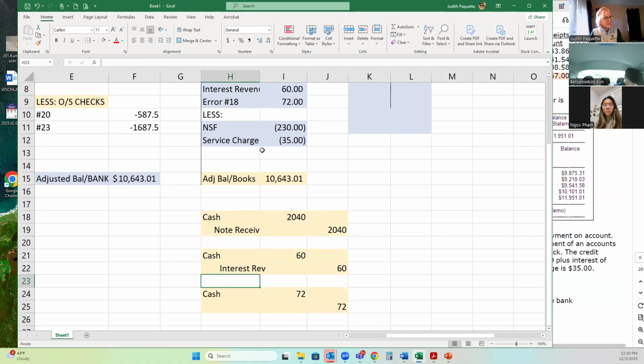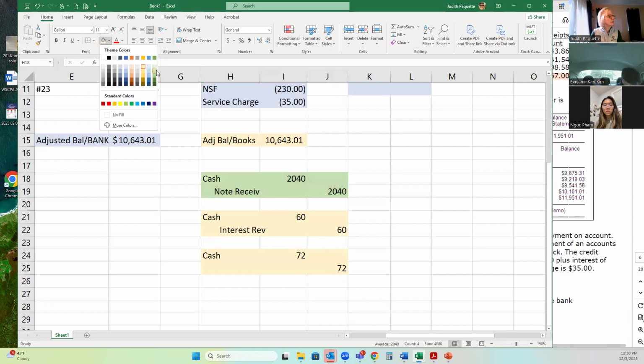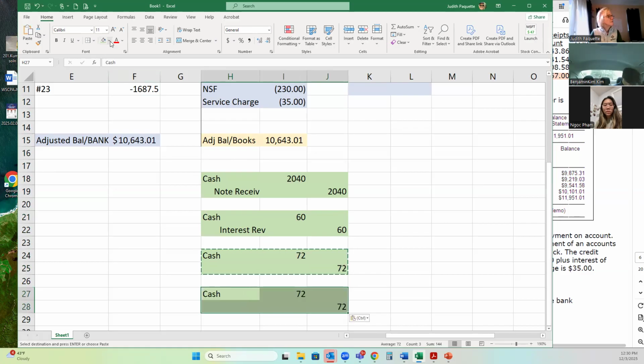Now these 3 are going to be cash is credited. So let's copy this. I'm going to make these green to show you that cash is going up. So all of these, and we're not done yet. These are going to be pink to show cash is going out.